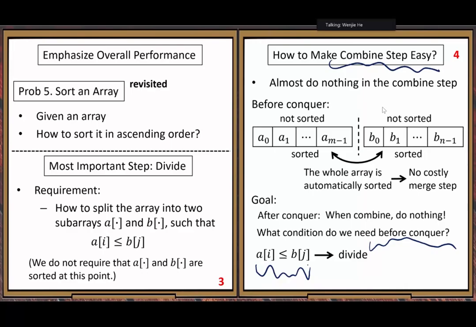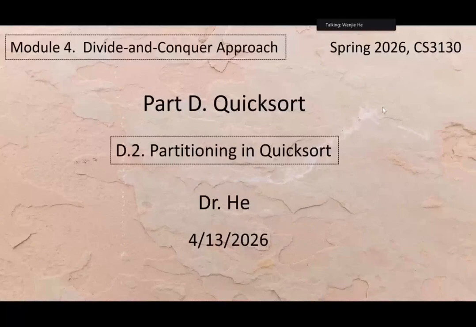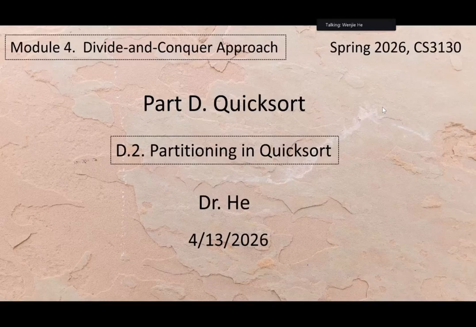Next, let's look at the implementation details for this divide step. D.2, partitioning in Quicksort. So that's what we call the partition step. We do partitioning.